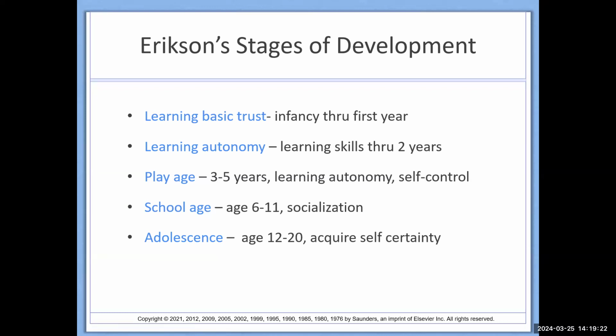And then there's a play age of 3 to 5 years old where they're starting to develop self-control. And then there's school age, from 6 to 11, where they're dealing with socialization, how they socialize with others. And then, of course, the good old adolescence age from 12 all the way to 20.